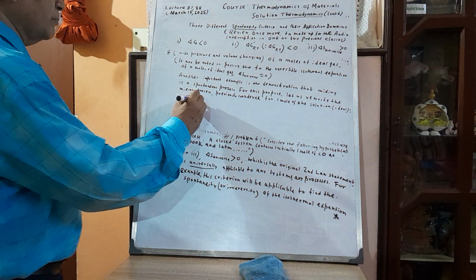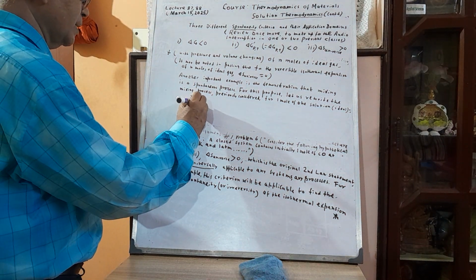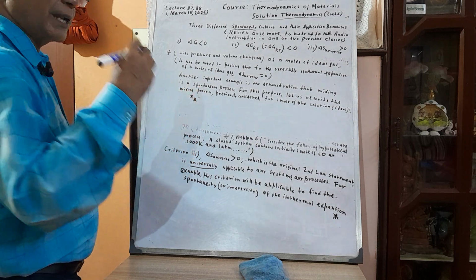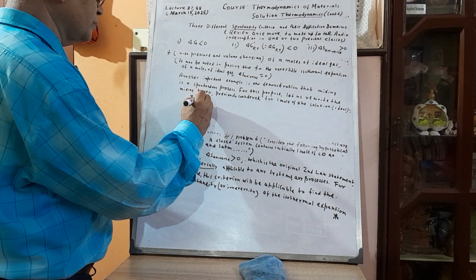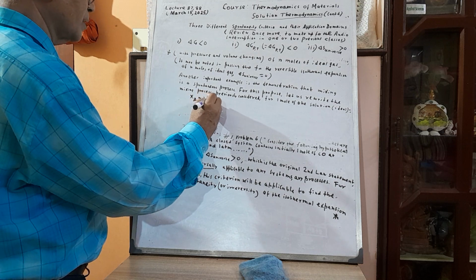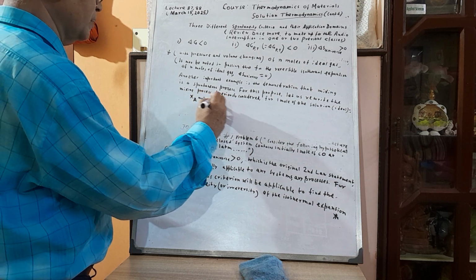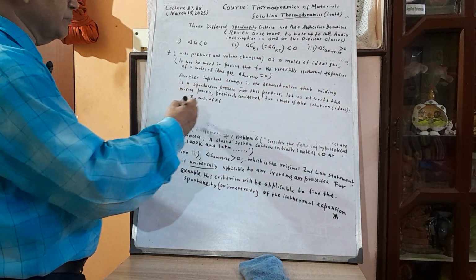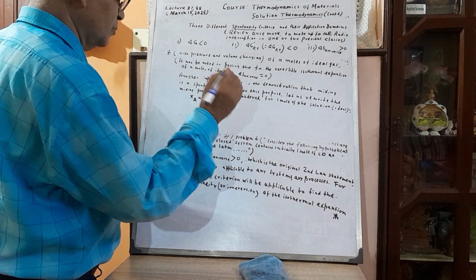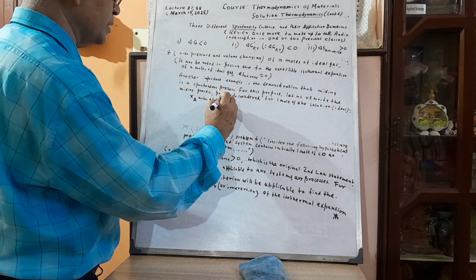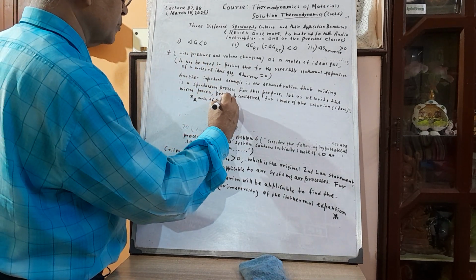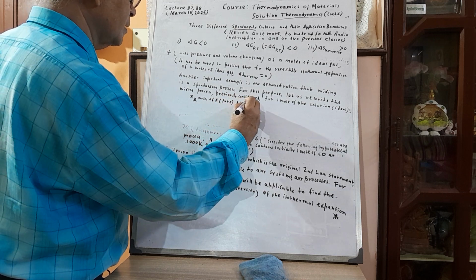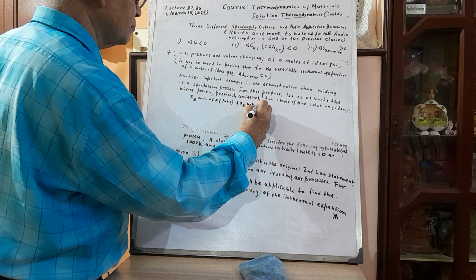Here Xa is the mole fraction, but we are considering it as the number of moles: Xa moles of pure A, as before, instead of Na I am writing Xa. Previously for Na plus Nb moles, now for 1 mole. So same thing, no problem. Xa moles of pure A plus Xb moles of pure B.